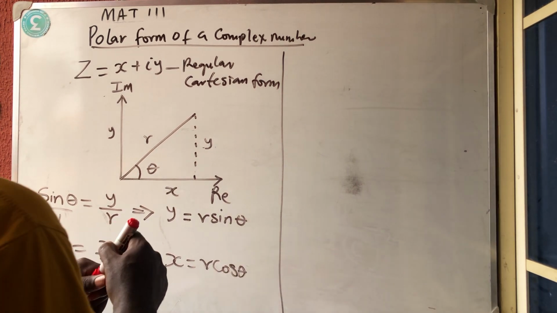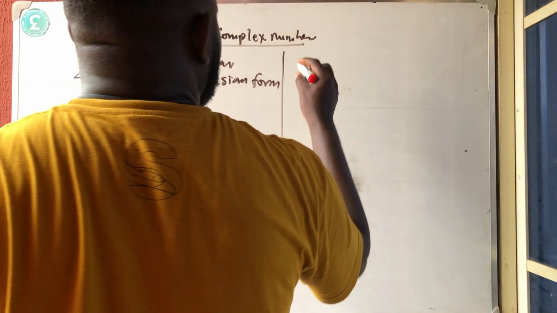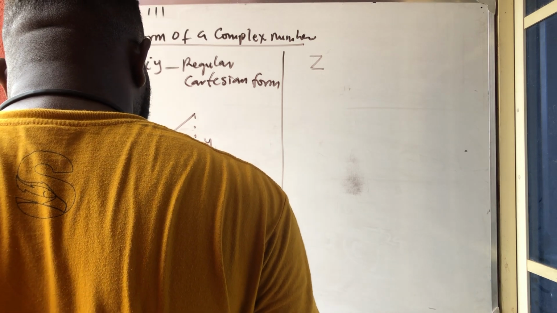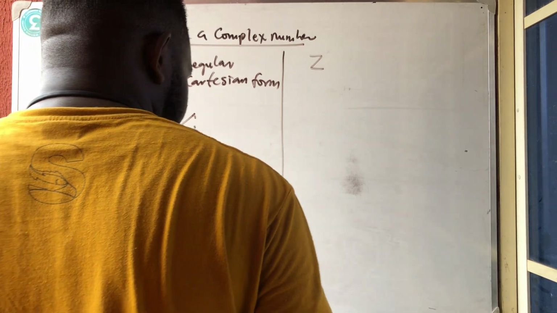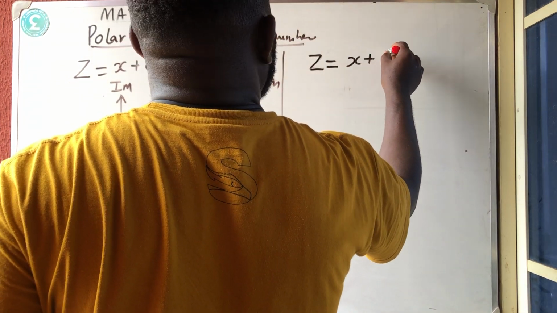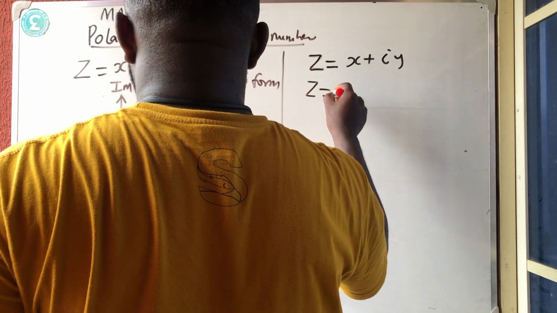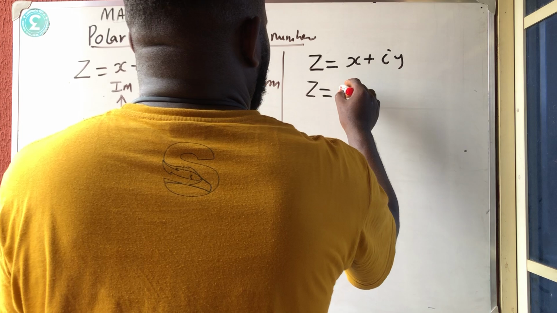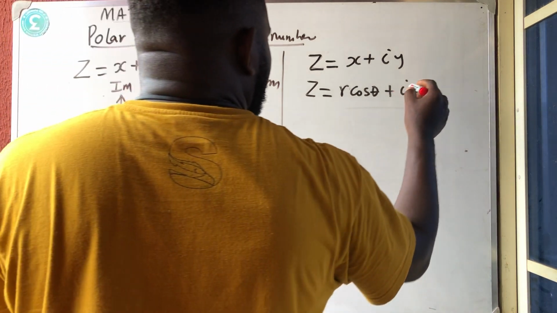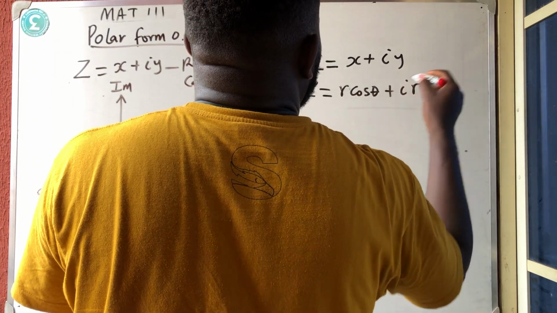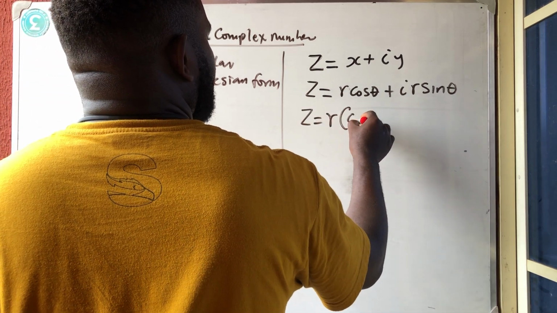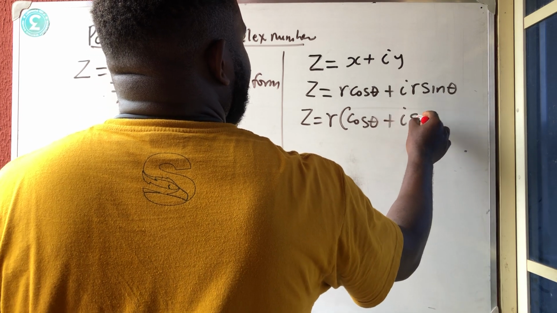Now if I put this in the equation, my z is equal to x plus iy. So z is equal to r cos theta plus i r sine theta. If you factorize r, z is equal to r times cos theta plus i sine theta.